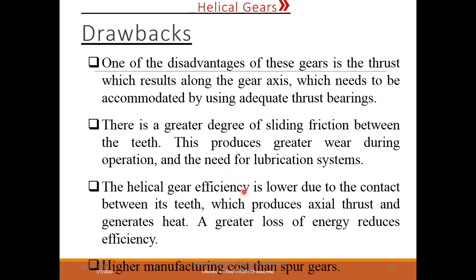The helical gear efficiency is lower due to the contact between its teeth, right, which produces the axial thrust and generates heat. A greater loss of energy reduces the efficiency.